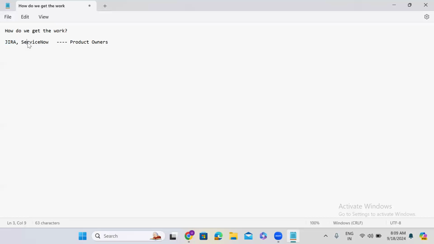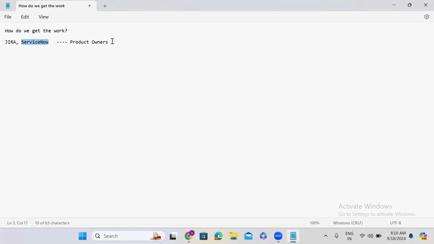Mostly, these two tools are used to create the requirements. So guys, remember Jira and ServiceNow. Clients will be using Jira or ServiceNow to create the requirements.